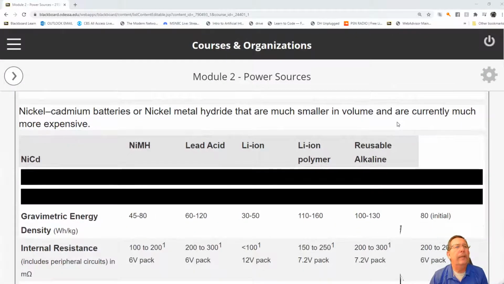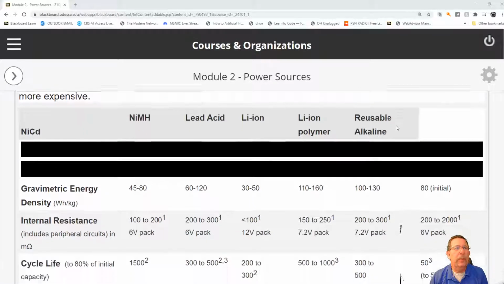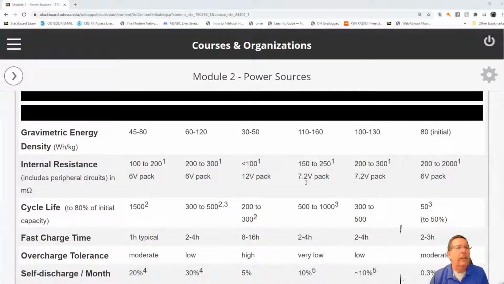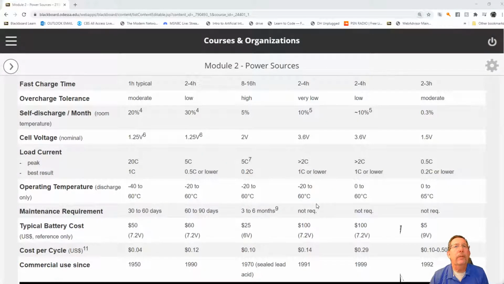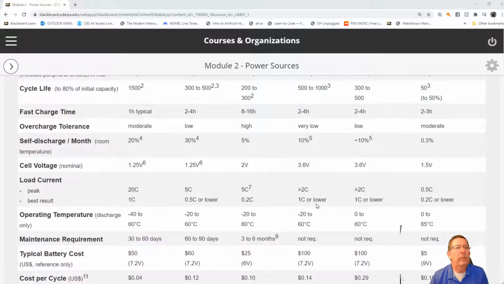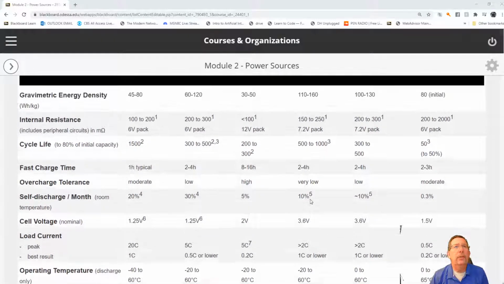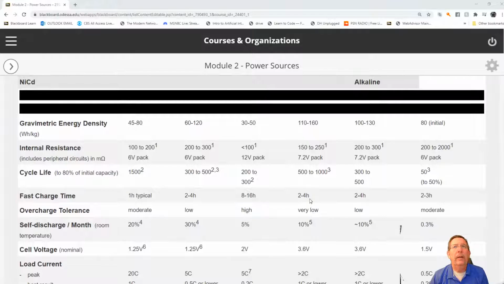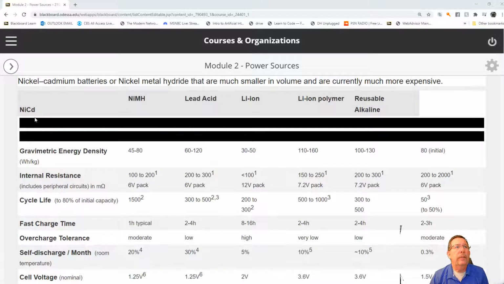So nickel cadmium or nickel metal hydride is much smaller in volume, currently much more expensive. Here's a little comparison. Here's a chart that shows nickel cadmium, nickel metal hydride, lead acid, lithium ion polymer, and reusable alkaline.